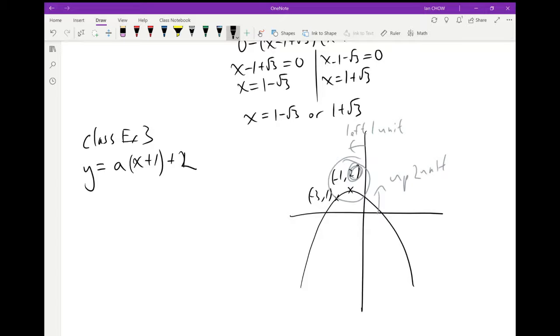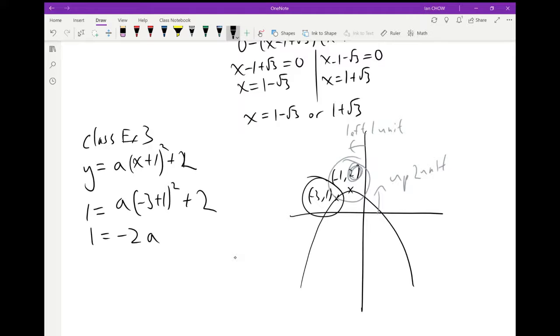We all make careless mistakes, but as long as we check our work, then we should be able to spot them at any time. So after doing this, I want to substitute our extra coordinate over there into x and y. So we have 1 is equal to a bracket negative 3 plus 1 whole squared, don't forget the square, plus 2, and then negative 3 plus 1 is going to be negative 2, so 1 is equal to a times negative 2 squared plus 2.